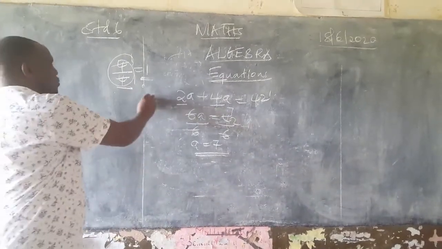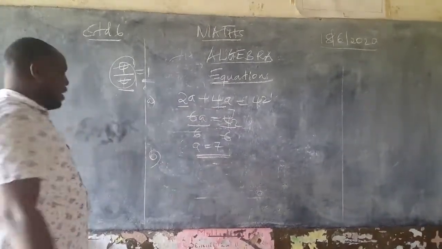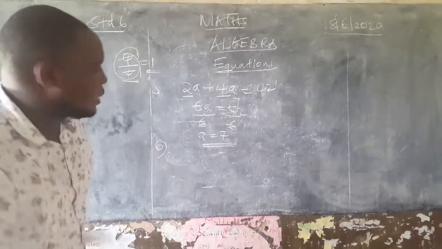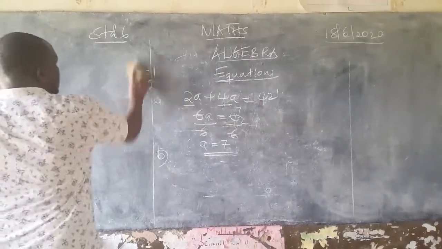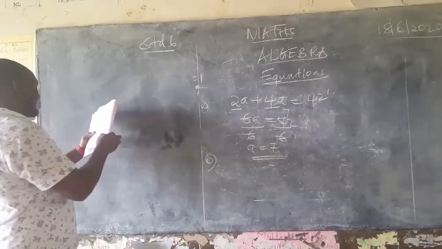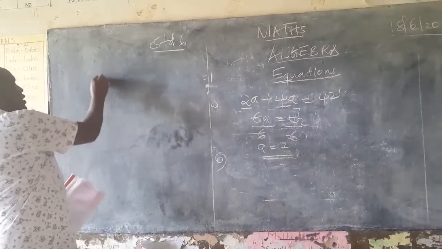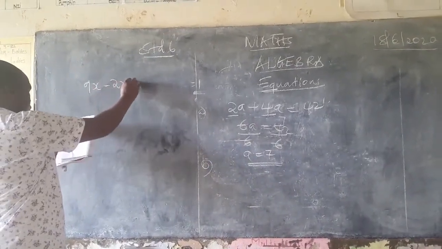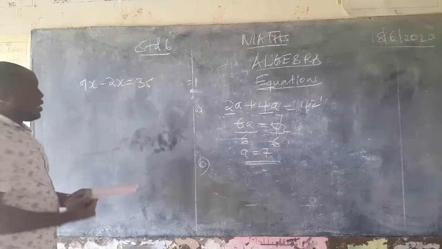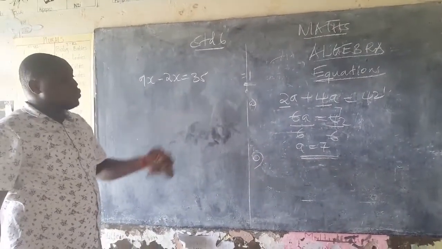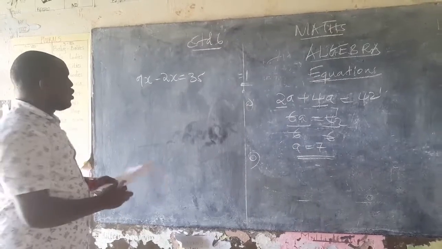There are examples that you can have whereby maybe you are given a question like this, Lana. I want you to look at this question. 9x minus 2x is equal to 35. Now this is not addition, so what are we supposed to do? In this case, we are not going to add, we are going to subtract.